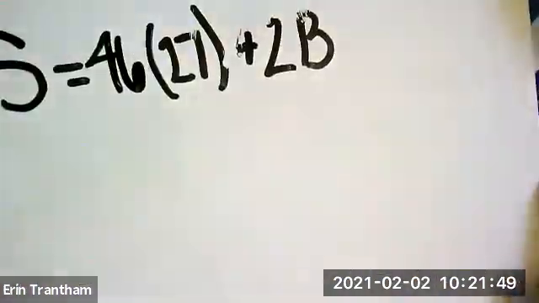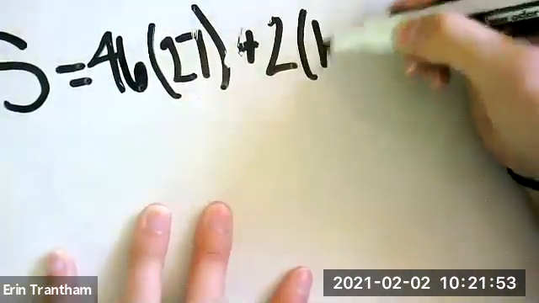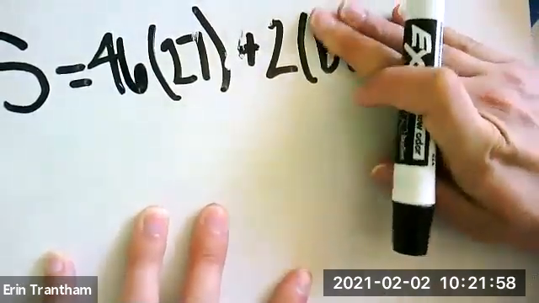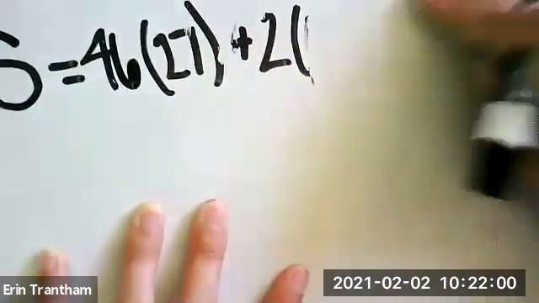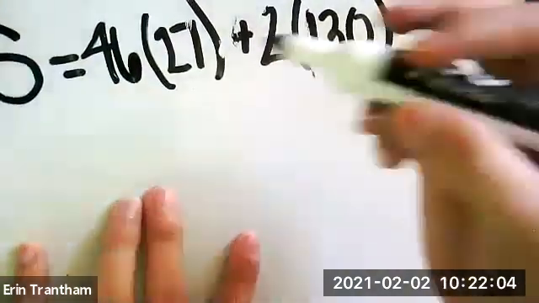So the big B, we're going to replace it with little b times h, which is 10 times 13, is 130.